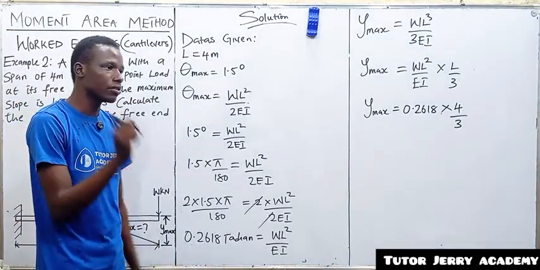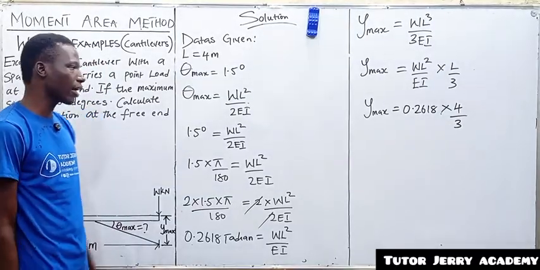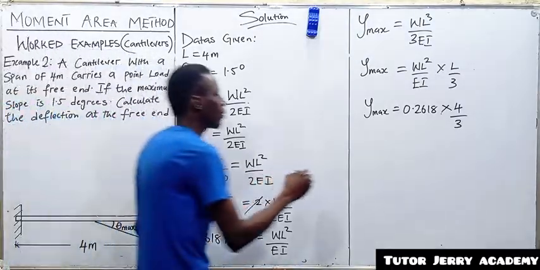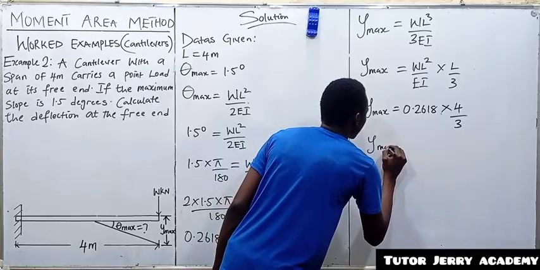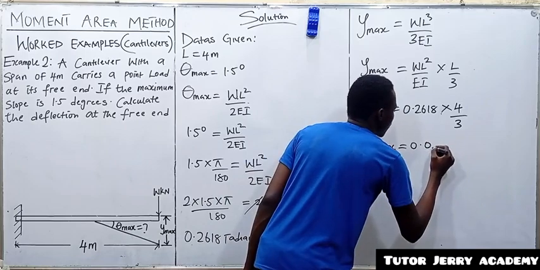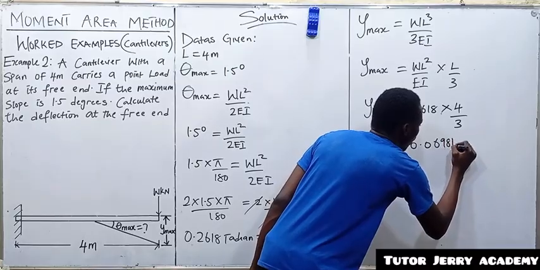0.2618 multiplied by 4 all over 3 will give us y max equal to 0.0981 meter.